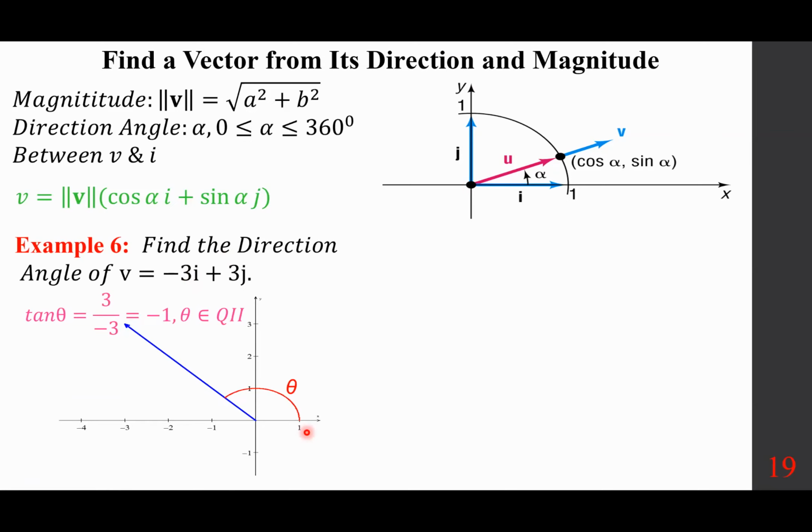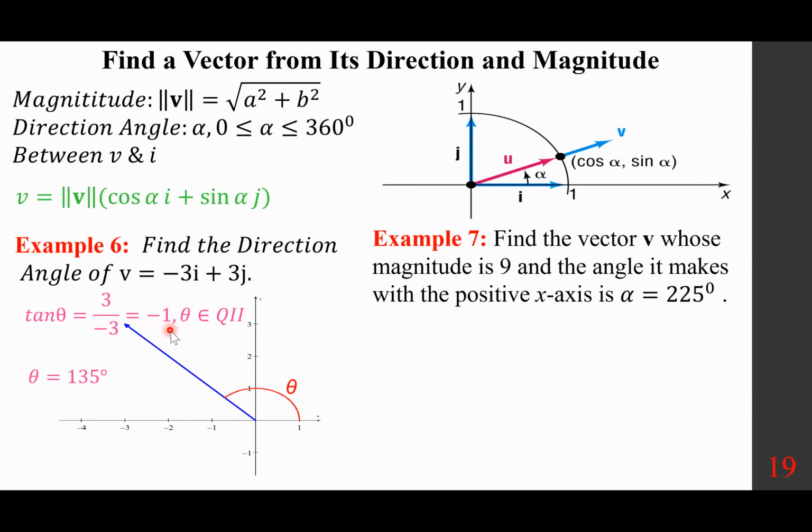But we know the location. It is in the second quadrant, so it's negative 45 degrees. We add 180 and it becomes 135 degrees. So it's important to know this. If we use a calculator, it will give us minus 45 degrees, but we know it to be in the second quadrant.